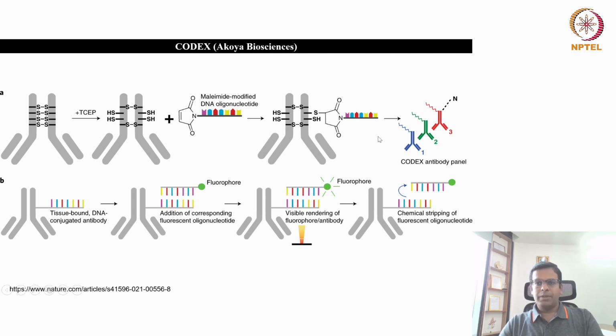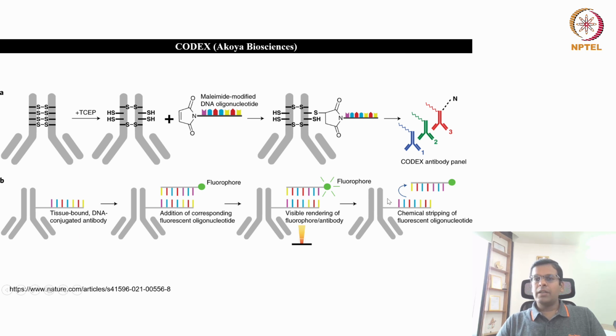Now what will happen? This is a DNA-conjugated antibody, and it will bind to your specific protein in your tissue sample. Then you will use a complementary probe to this DNA sequence, which is fluorescently labeled, and then you will image, so that you can see the position of this protein in the cell or the tissue.